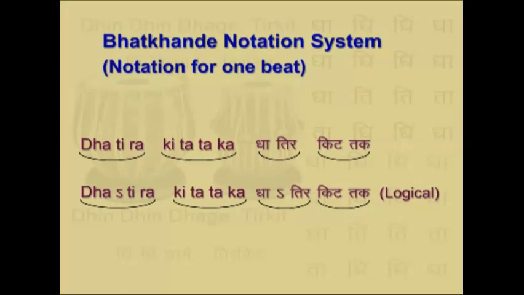So this is where the problem arises, and you have to be very particular and precise. Otherwise it will go as Dhatira Ketataka, Dhatira Ketataka. It is very logical and wrong. The phrase is not Dhatira Ketataka. The phrase is Dha Tira Ketataka.